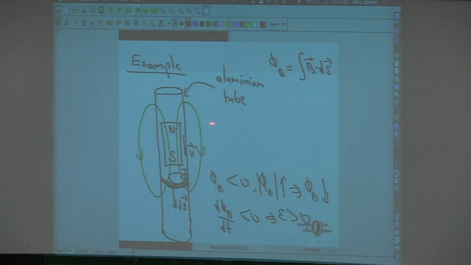To determine the direction of the force, you can also use Lenz's rule, which says that the induced currents will be such that they try to prevent the change. So these currents will exert a force on the magnet in the opposite direction. And that is actually what we see over here in this more detailed analysis.